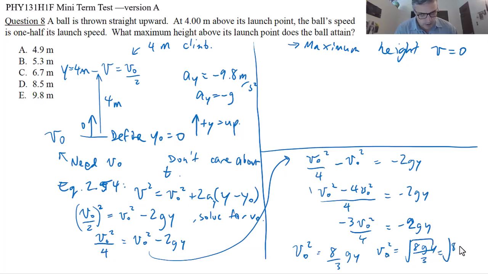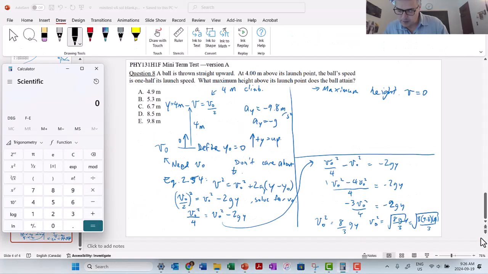Square root of 8 times 9.8 times 4 meters, divided by 3. 8 times 9.8, if I can read my own handwriting there, times 4, divided by 3 equals, take the square root of that.